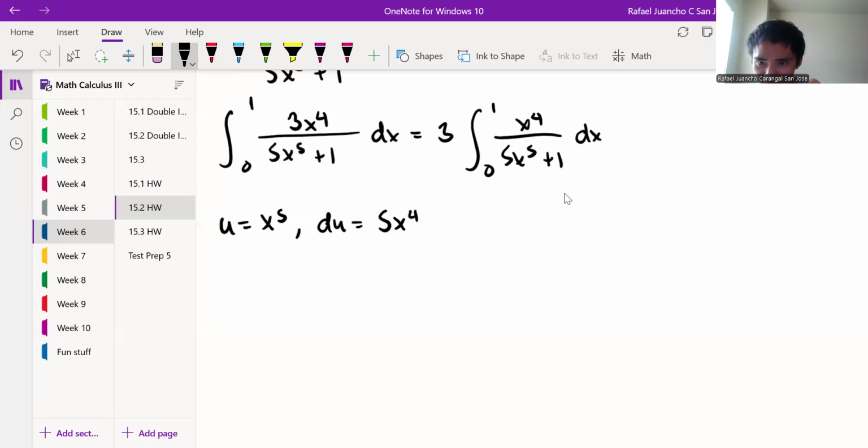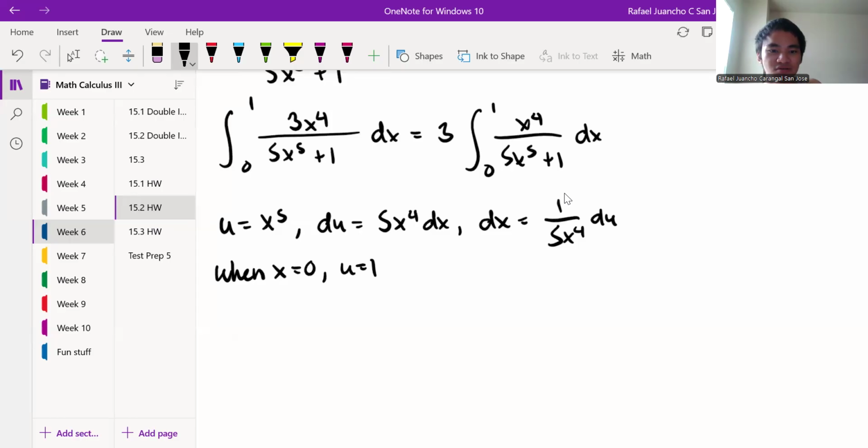And then this is dx. Then I have dx as 1 over 5x to the fourth du. Right. And then when my x is 0, my u is 0. When my x is 1, u is also 1.